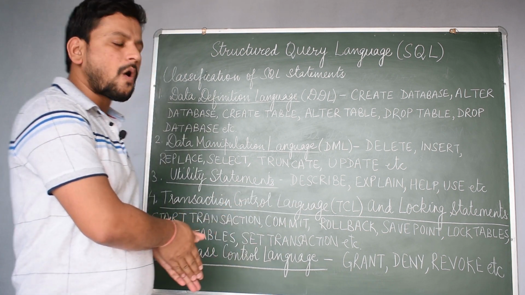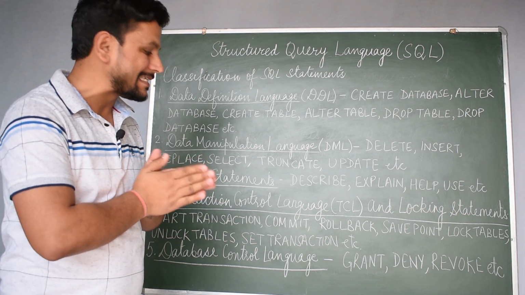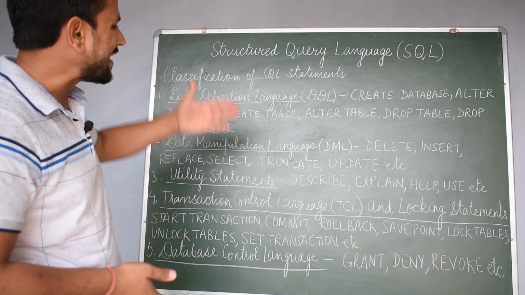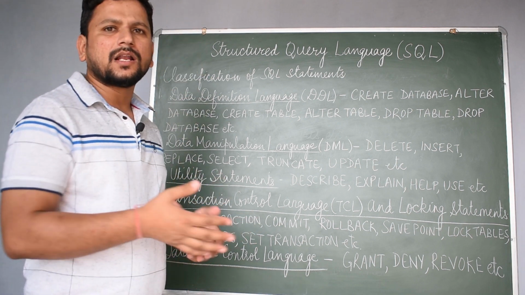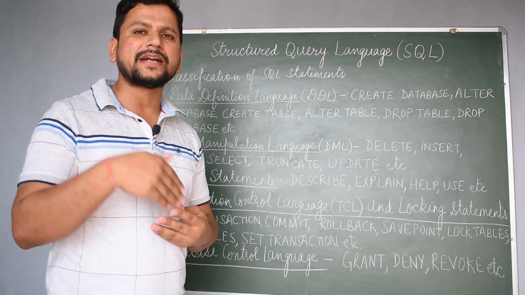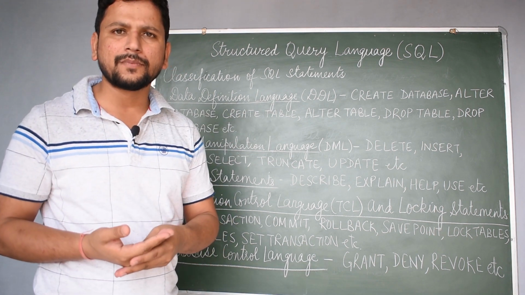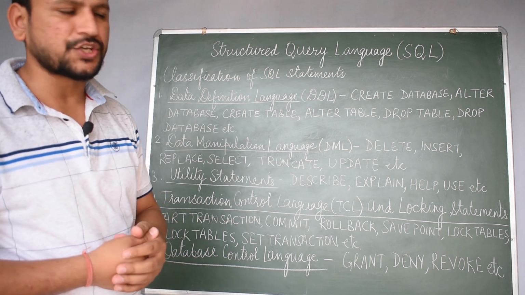And fifth one, we have database control language, that is DCL. So those are the different categories of SQL statements. In our practical approach, we will use all these commands for creating a database, creating a table, updating a table. So all these commands we will use in our practical session.